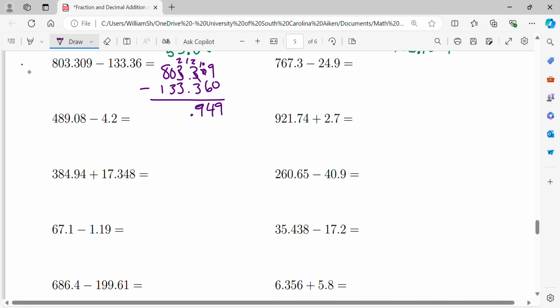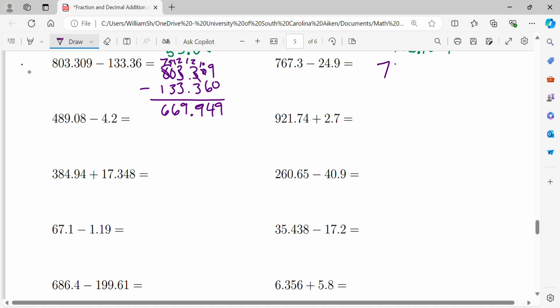I can't even borrow from the 0, so I have to go all the way over here. Make this a 9, make this a 12, because I'm going to borrow from that. So 12 minus 3 is 9. 9 minus 3 is 6. 7 minus 1 is 6. I'm looking at 669.949. Easy enough.